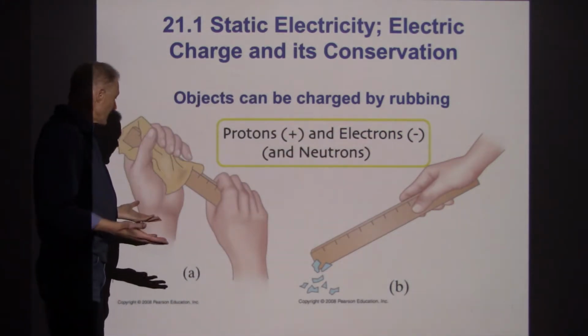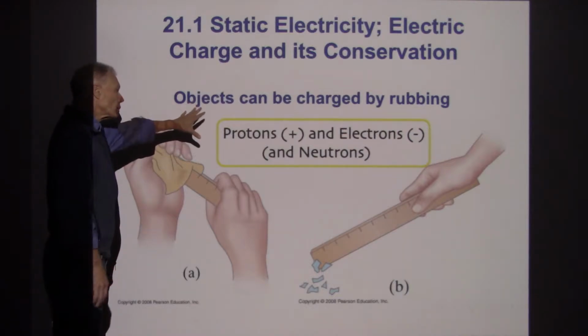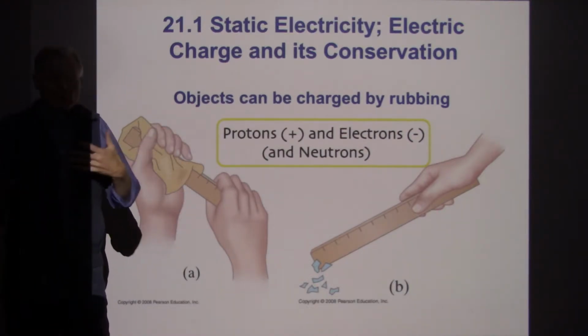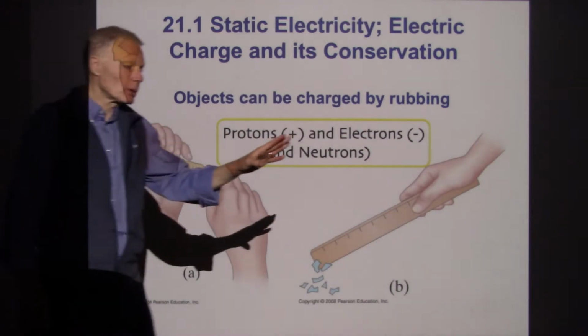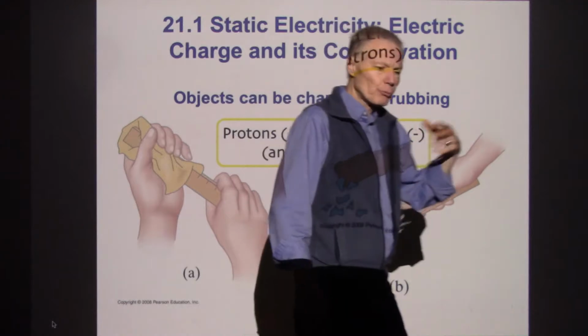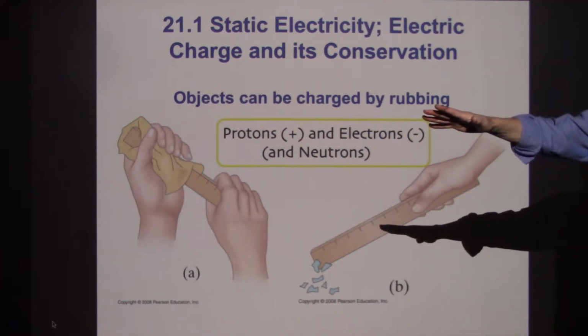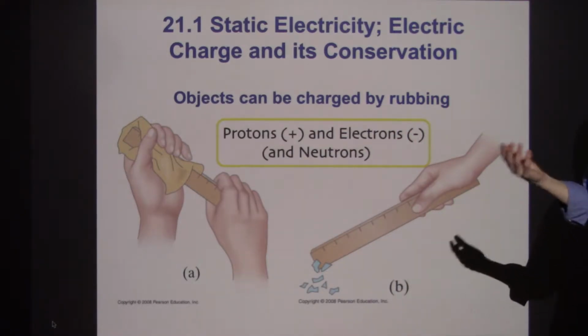Now, what does that mean when we charge objects? This is saying that objects can be charged just through contact. Sometimes you've been walking across a room on some carpet, and you touch the wall or a metal doorknob and you get an electric shock.